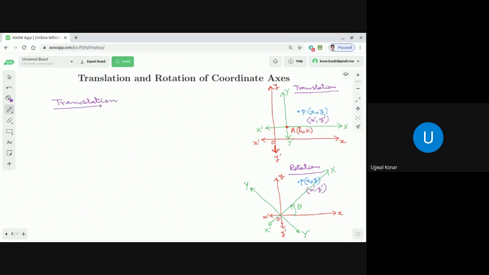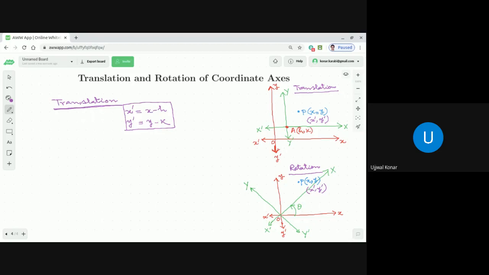In case of translation, what we get is x dash is equal to x minus h, and y dash is equal to y minus k. So if you know the values of x, y, h, and k, you can find the values of x dash, y dash easily.